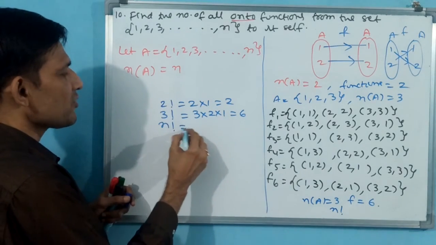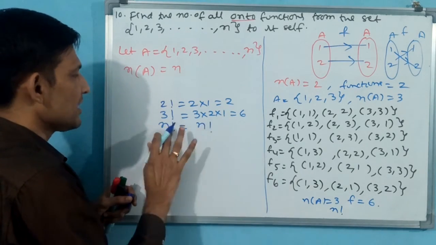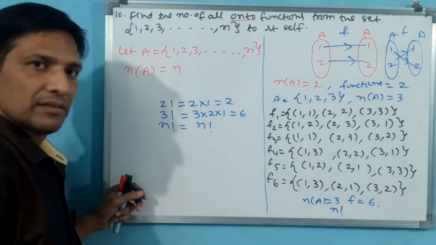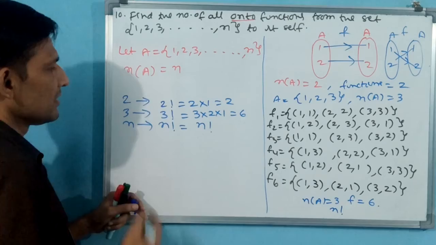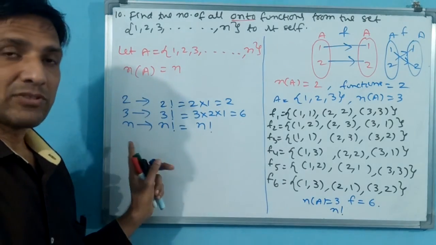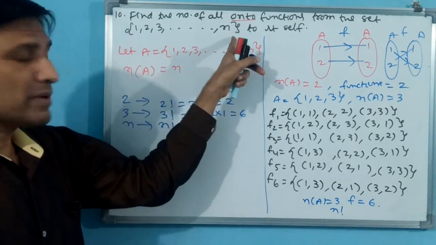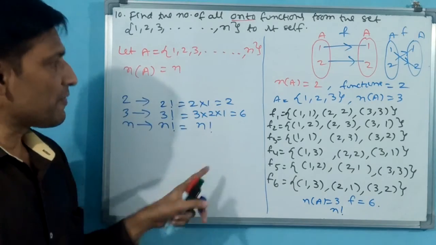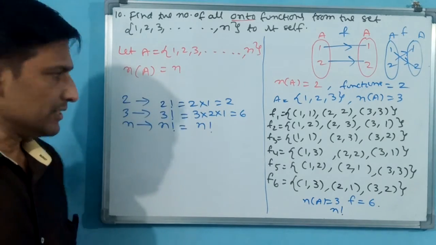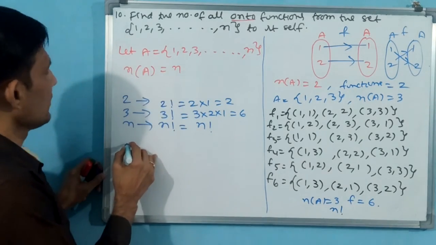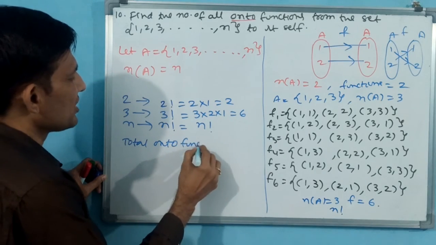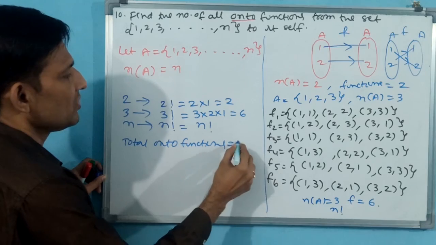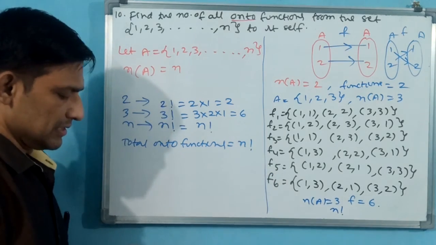Like this, for 2, for 3, for n, if n numbers of elements are there, then n factorial relations are going to come. You write the same thing: total onto functions is equal to n factorial.